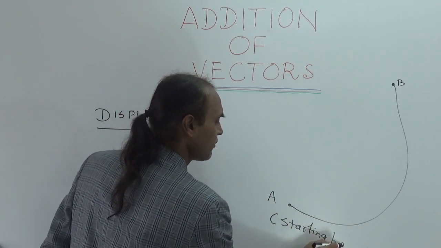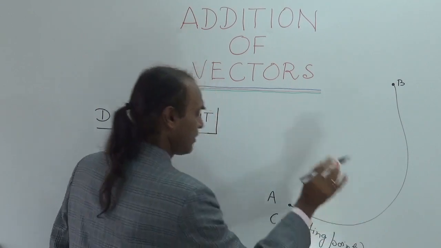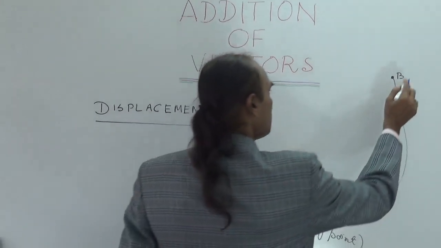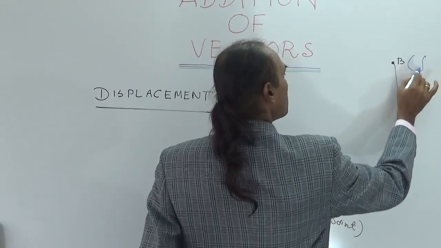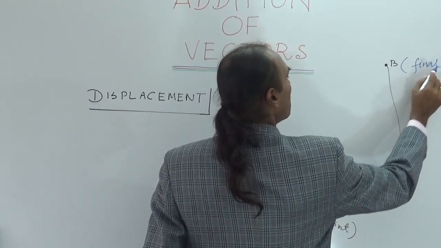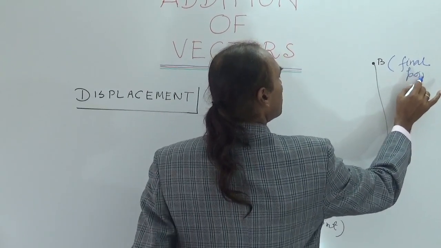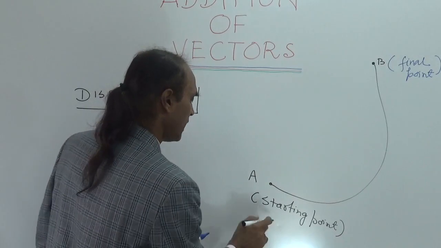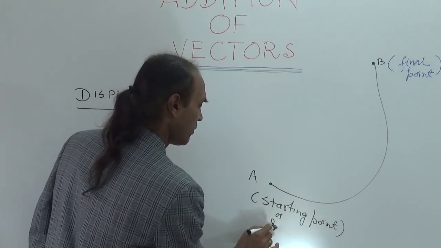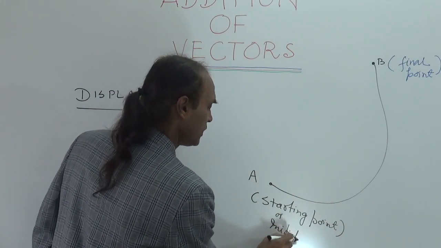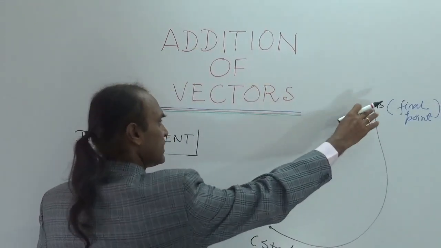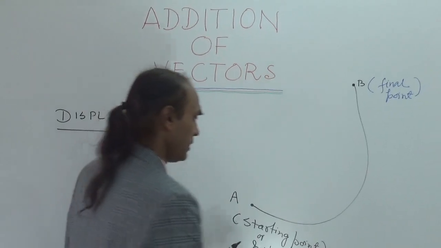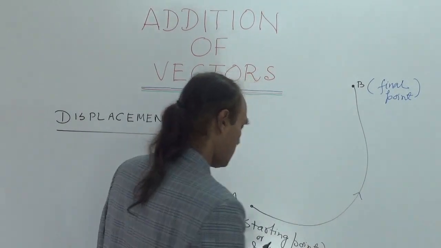And B is the final point. Starting point can also be called initial point. This is the destination. And this is the path.